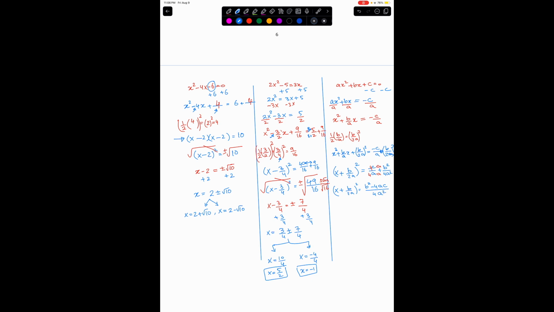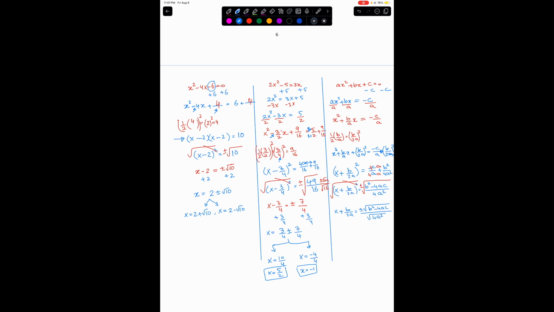I basically rearrange the terms, so the positive is first and the negative term is last. We're going to take the square root of both sides. Positive, negative. These will cancel. We get x plus b over 2a equals positive or negative square root of b squared minus 4ac over square root of 4a squared. I basically split the radical.